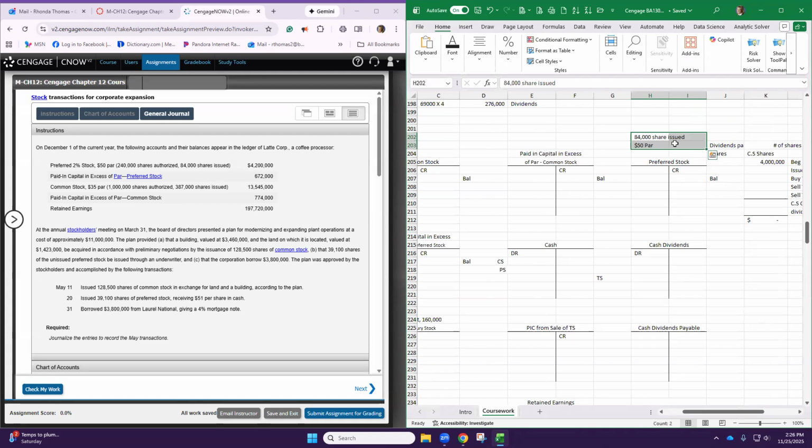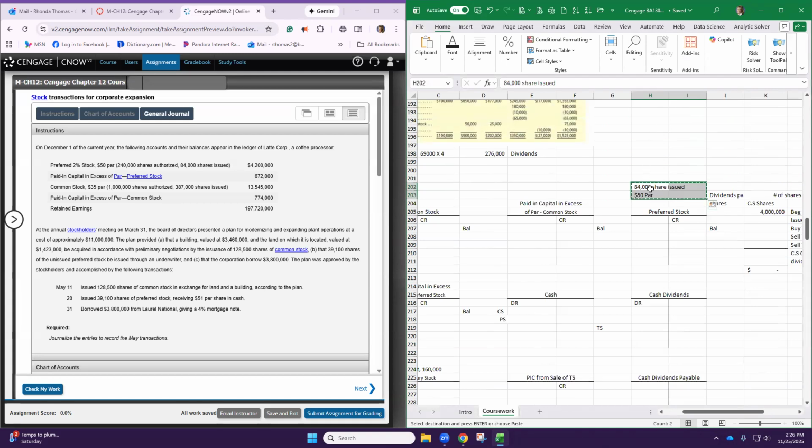Let me move this up. Might need a little more room here. Okay, so they have a 2% dividend. And what you have to think about then is 2% times par is the dividend.